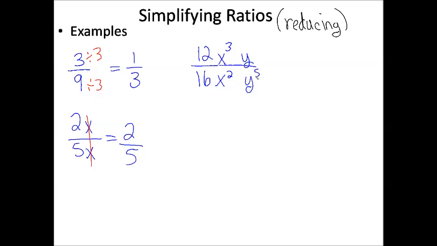Okay, I have numbers, I have x's, and I have y's. But I'm going to look at these as if they are separate things. I'm going to deal with the numbers, I'm going to deal with the x's, and I'm going to deal with the y's. So no matter how much is there, don't let it overwhelm you. Deal with one thing at a time.